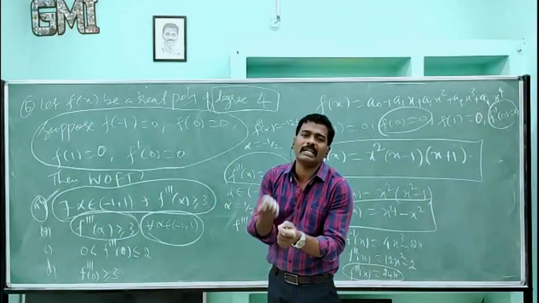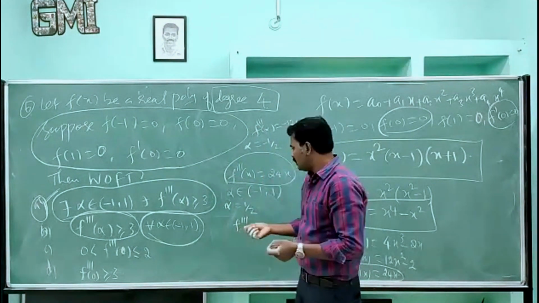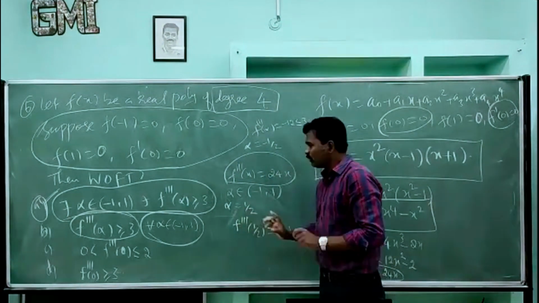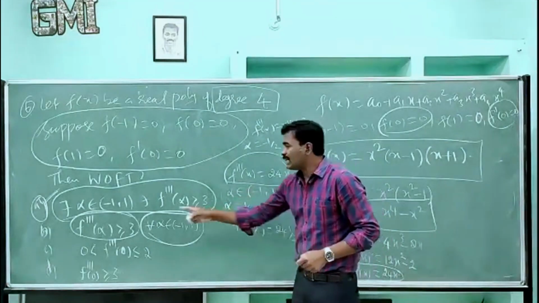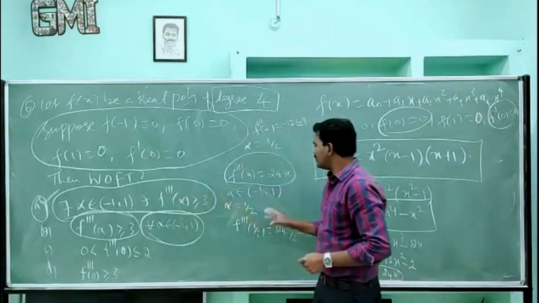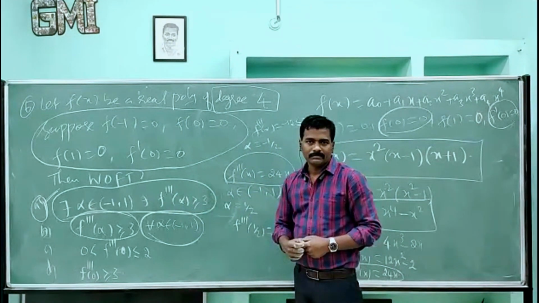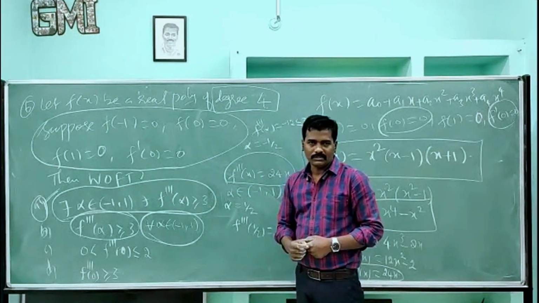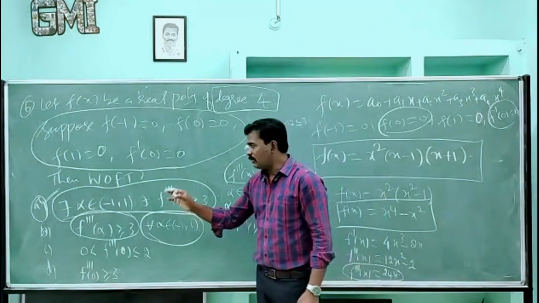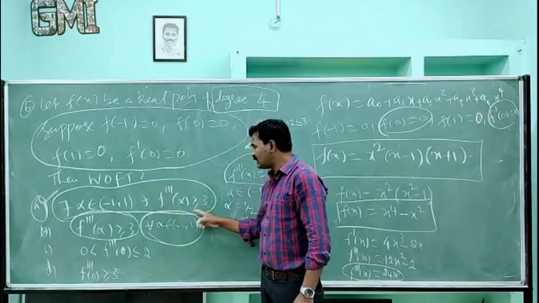Exist means we can give at least one alpha. I just chose alpha equal to 1 by 2. Suppose you are taking alpha equal to 0, 0 does not have this property.